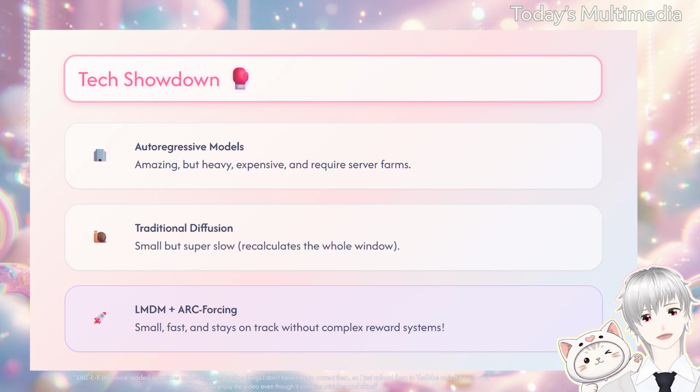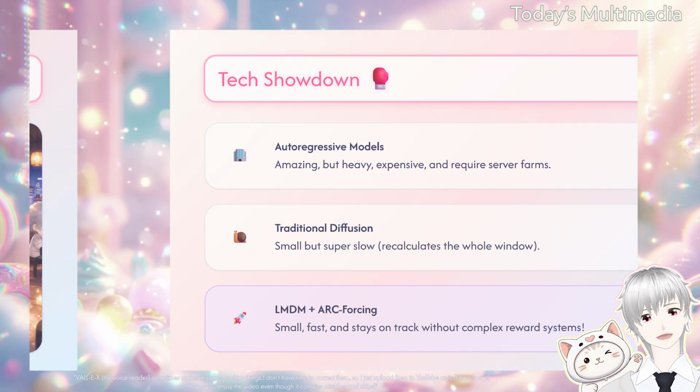By introducing block-wise caching and a new training method, the researchers made LMDMs both small and lightning fast. Another fun part is really cool too. The model can stay on track over long periods of time, so the music does not turn into weird noise after a minute. It does this without needing complex reward systems, which makes it much easier to train.